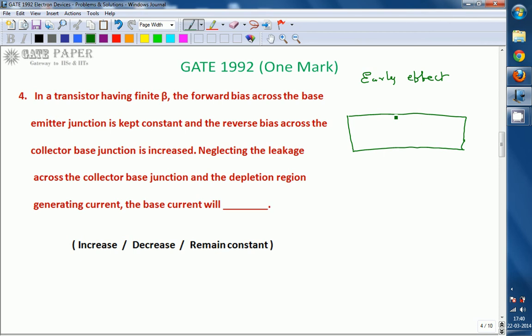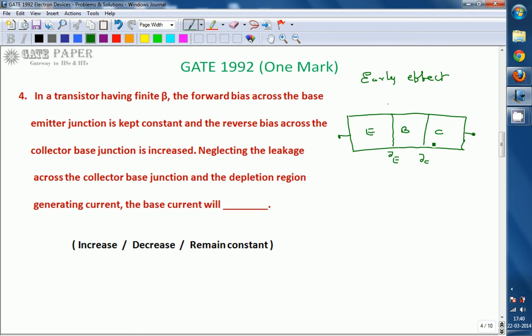Let us assume this is a transistor with two junctions. One is emitter, this is base, this is collector. This is called the emitter base junction JE and this is called JC. Under open circuit, both junctions are open circuit. There are two PN junctions.